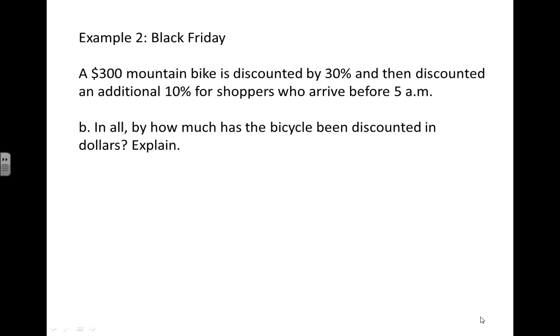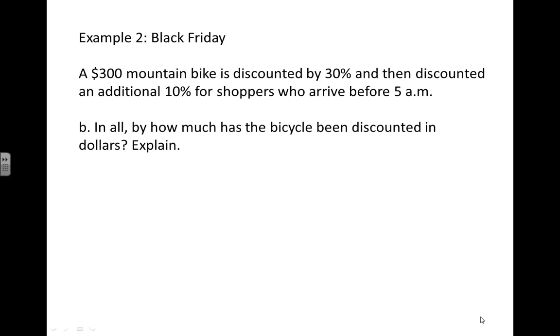To do this, you'll need to take your 30% and then find the price with an additional 10% discount. That brings you to $189. 30% off was 210, an additional 10% brings you to 189.